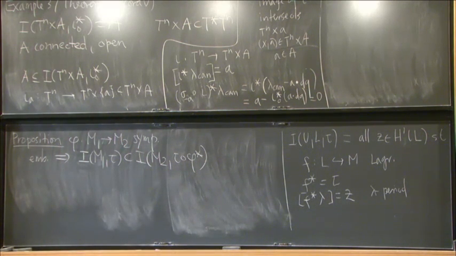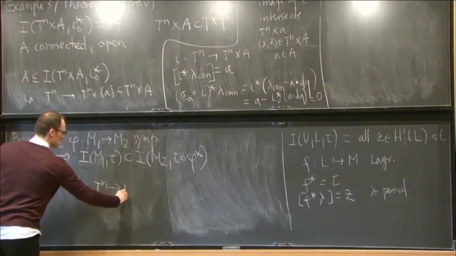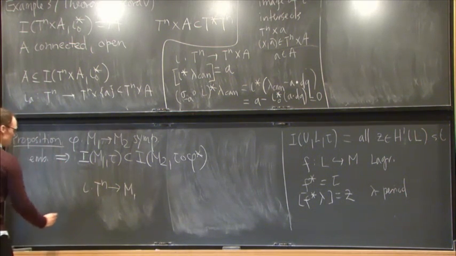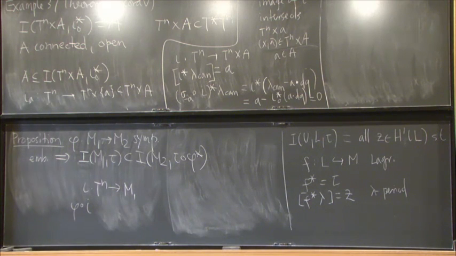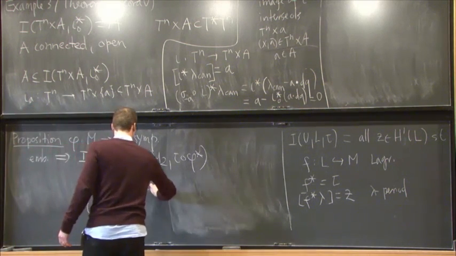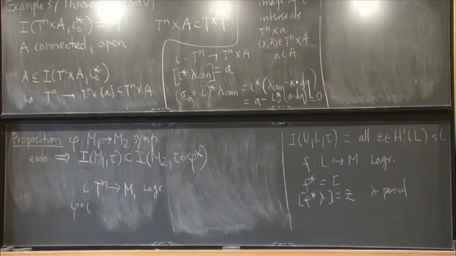It's pretty obvious that the shape is a symplectic invariant, because if I take any embedding of Tn into M1, I just look at composition with that symplectic embedding, and that's again Lagrangian, and it has exactly the same period.